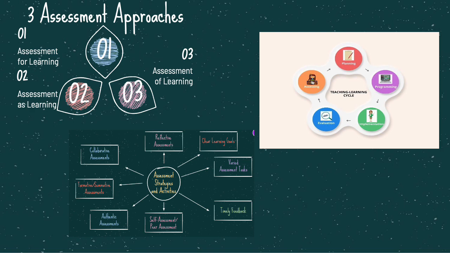As Tilly, Martha, and I have demonstrated, the three approaches to assessment, that is assessment for learning, assessment as learning, and assessment of learning, provide teachers with a tangible and comprehensive insight into their students and their learning strengths, which then informs their teaching decisions.